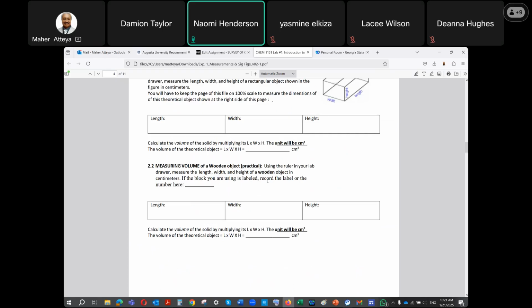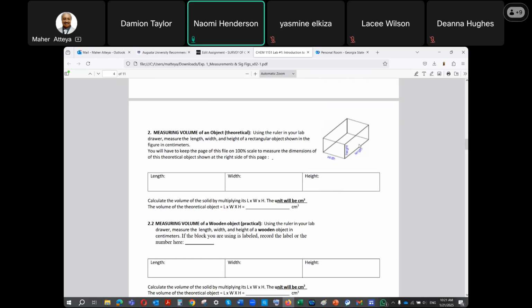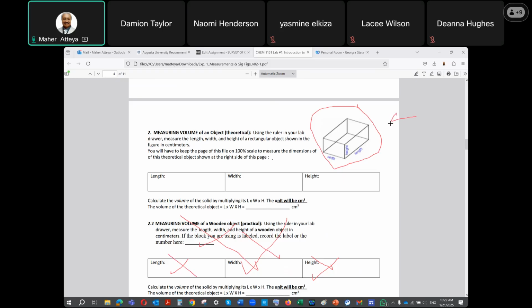Yes, the 3D box. You measure this item, only this item. The other one, we said we don't have it. That's in the lab, so ignore this one here. This one is not part of it. Okay, I just wanted to make sure. Only this. Okay, thank you.